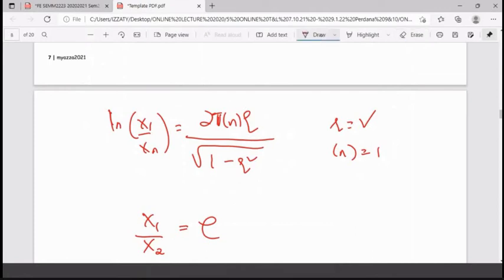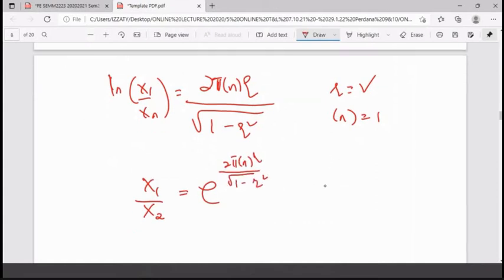The exponent of the whole thing, which is 2 pi n zeta divided by square root of 1 minus zeta squared. You'll be getting a number. Let's say you get 2, for example.